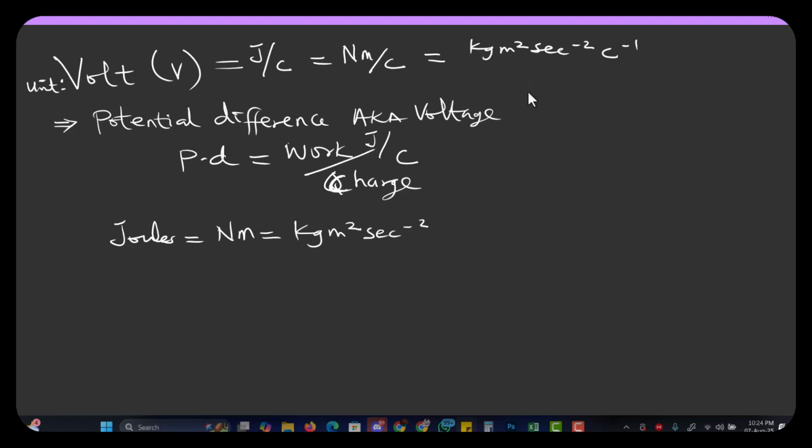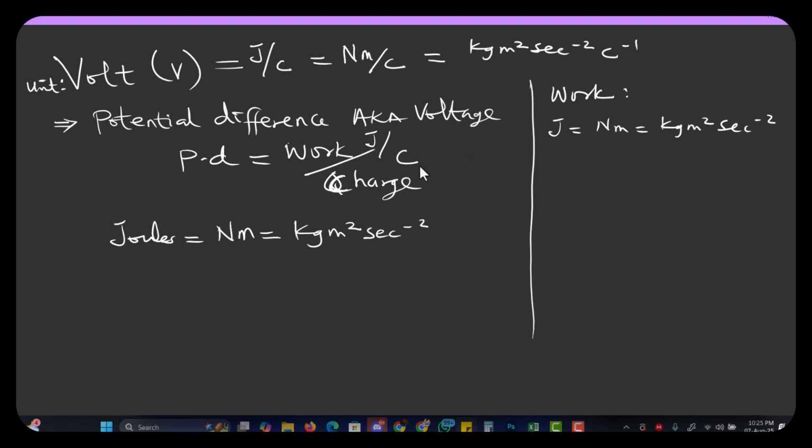Let me explain this last one, because I don't know if you guys are going to understand what I did there. You know that I told you work is the same thing as joules. Now work has the following units. It has joules, which is the same thing as Newton meter. It also has kilogram meter squared per second squared. This is for work.